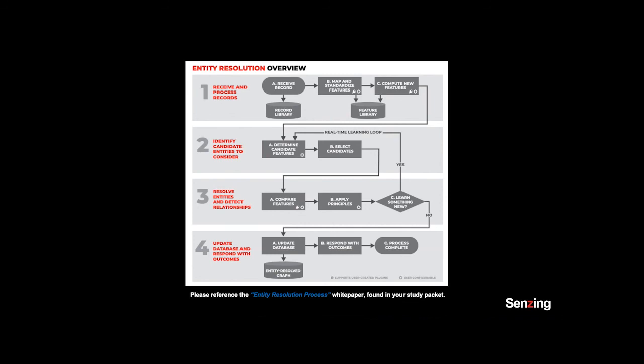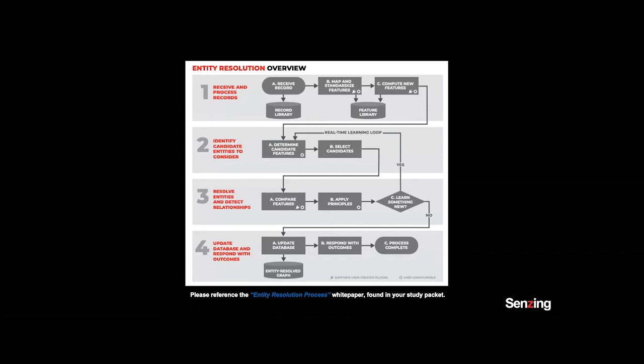We're comparing features. So we've got all these candidates, and then we score all the features of all the candidates, and we find candidate 1 has a name score of, let's say, 90, has an address score of 100, and has a date of birth score of 2, right?